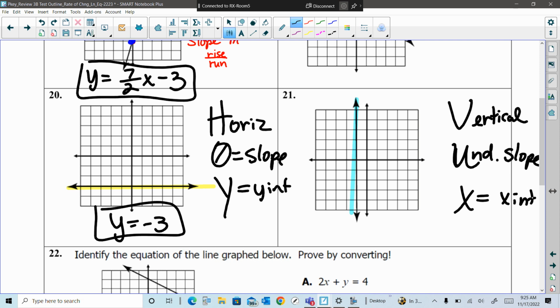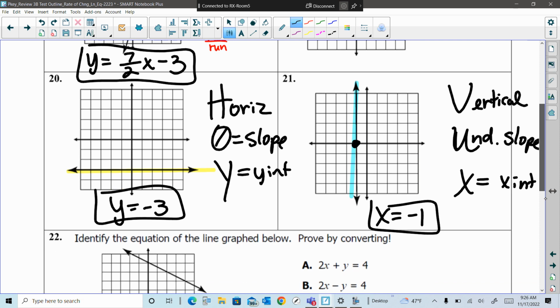That happened right here at -1, so this equation is x equals -1, and we're done. You have to recognize and memorize the different ways for horizontal versus vertical. Can we put undefined or zero? Not when I want the equation. If I ask for the slope, you can put that. But if I want the equation, it needs to be y equals the y-intercept or x equals the x-intercept.